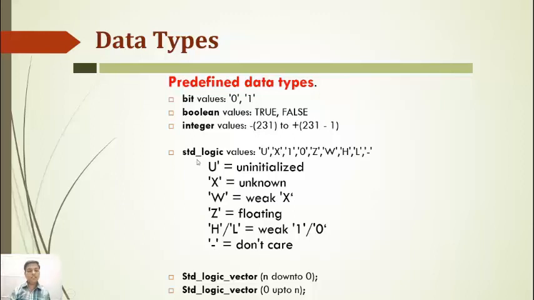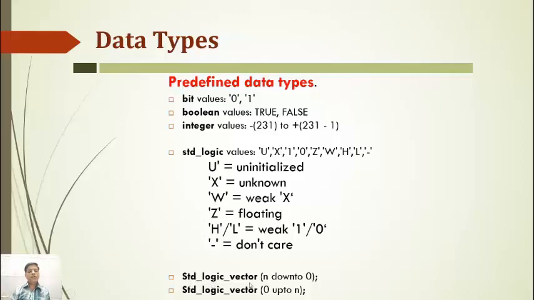So it is a total of 9 value logic: U is uninitialized, X is unknown, W is weak X, Z is floating, high, low, weak 1 and weak 0, and dash indicates don't care. So these are some predefined data types, the standard_logic multi-level logic values, 9 value logic.